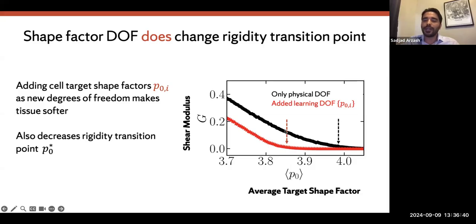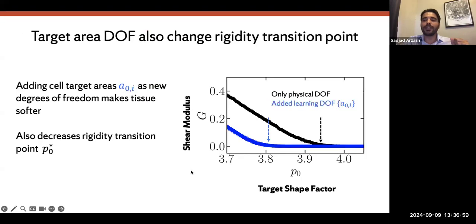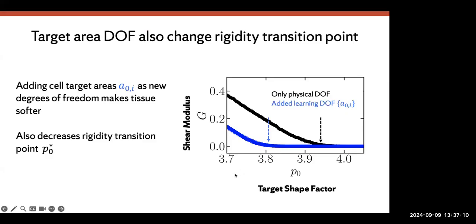I.e., if I start with a solid-like state and let cells tune their P0 values, I can actually fluidize the system with the same distribution of shape factors. So the distribution didn't change. I just changed the spatial correlation in the system. This same kind of effect can be observed if I add these target areas. So that also can tune the rigidity transition point in the same way.